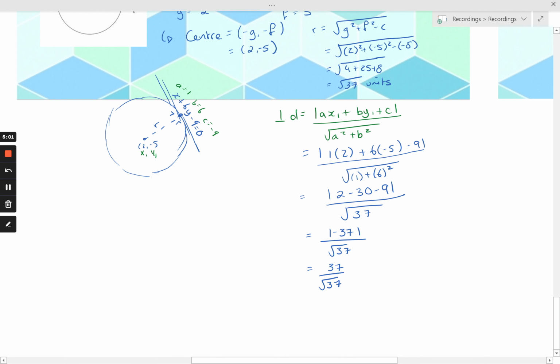If we take a second here, guys, to put 37 over root 37 into our calculators, we'll see that that simplifies to just give me root 37 when I rationalise the surds. So now I can see that the perpendicular distance, root 37, is equal to my radius, r. But now I need to give a conclusion. So therefore, the perpendicular distance is equal to r, so the line is a tangent to the circle.